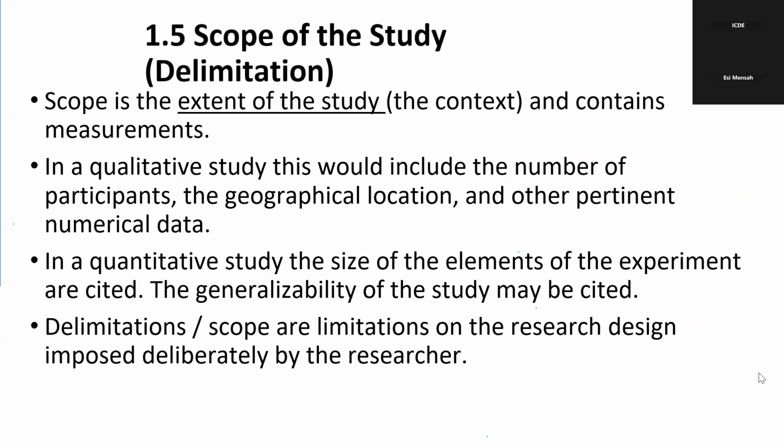Now the next section, 1.5, is the scope of the study. The scope is the extent of the study, like how far you are willing to go and the measurements you are going to use. So for example, if we are looking at EV cars, there are different types of EV cars.